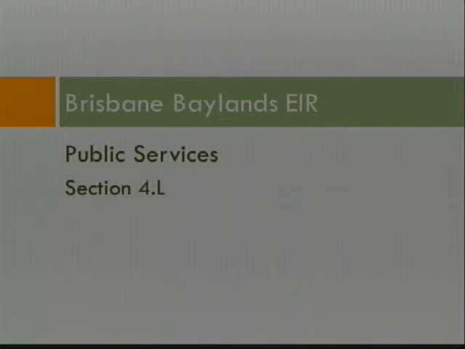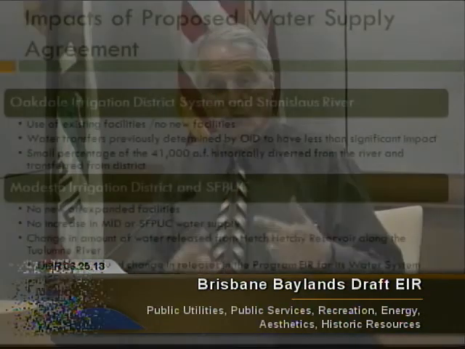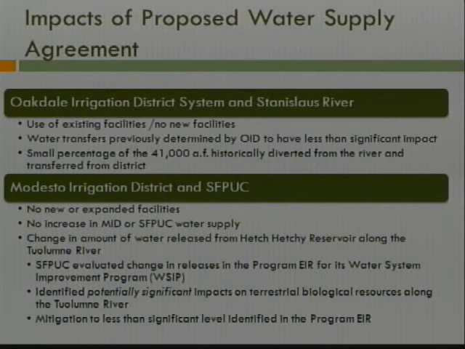There is also an on-site recycled water plant. I had mentioned that when we talked about the project description. That water will be recycled on site and becomes part of the project water supply. So the project water supply consists of the water supply agreement, 2,000 acre-feet to the Baylands, reduced by reuse of water through a recycled water plant.